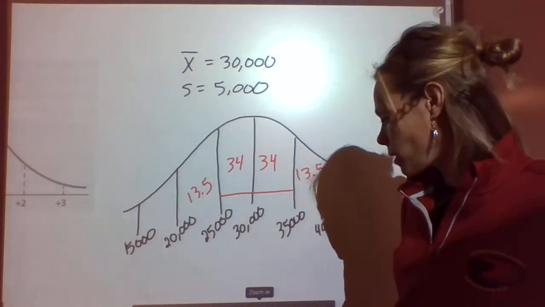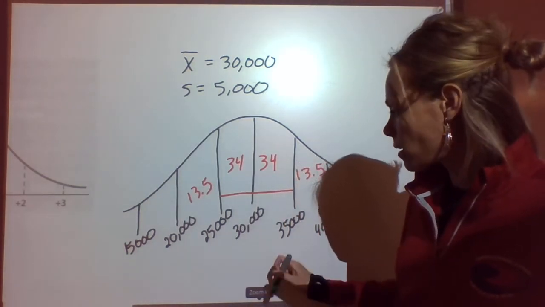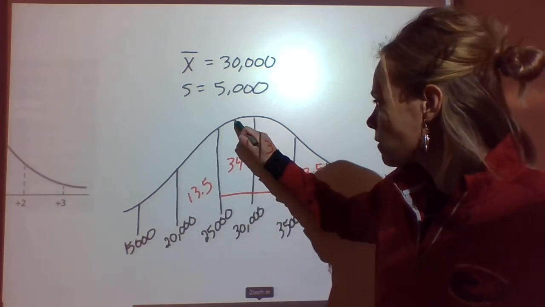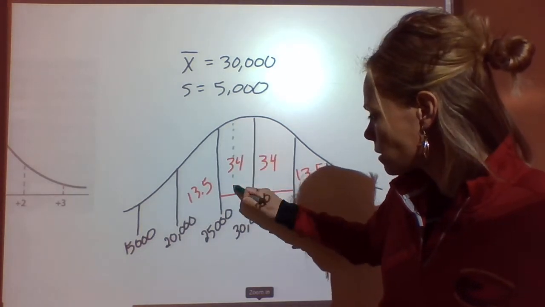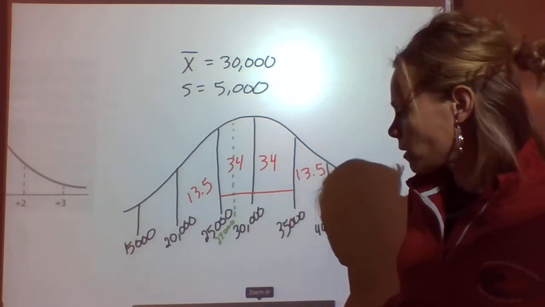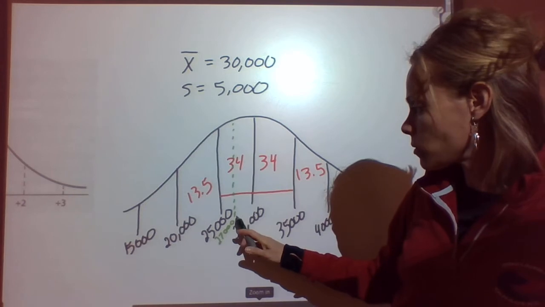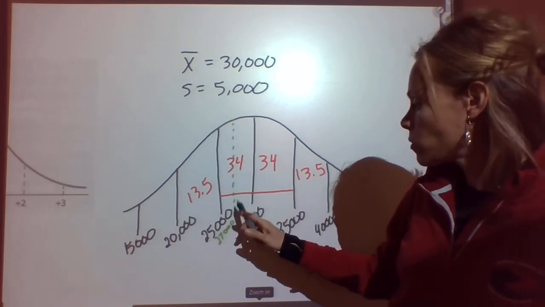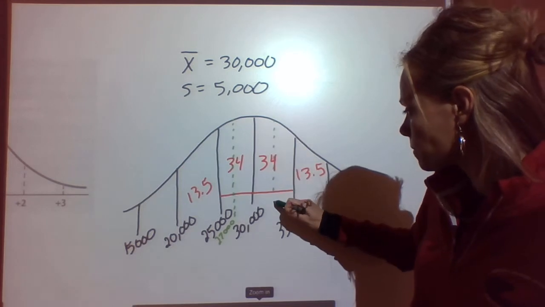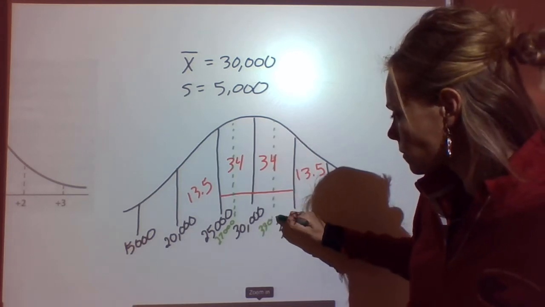But what if I wanted something like a tire that's 27,000, let's say would be right here. What if I want to know the probability that a tire lasts between 27,000 and 33,000? Okay.